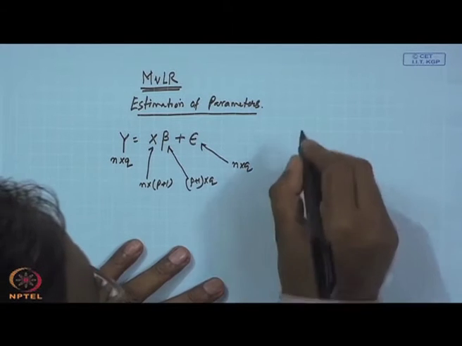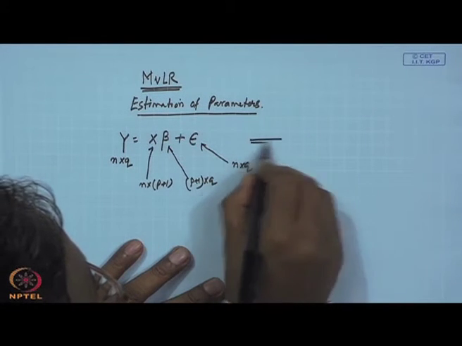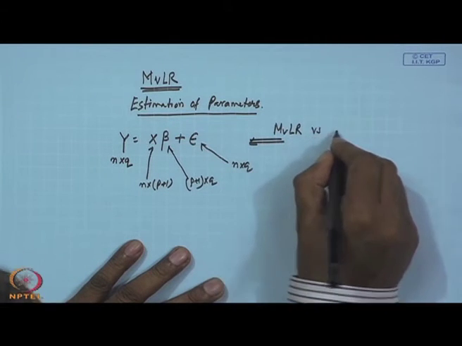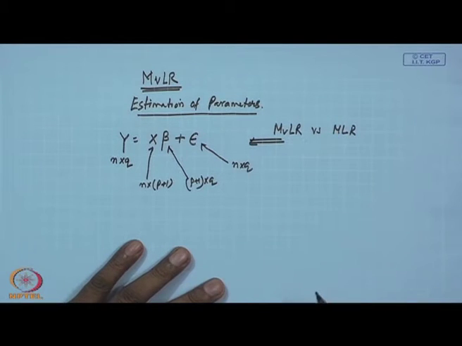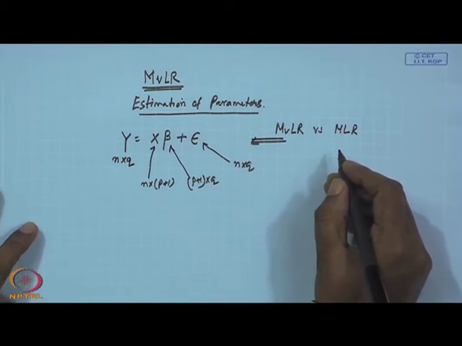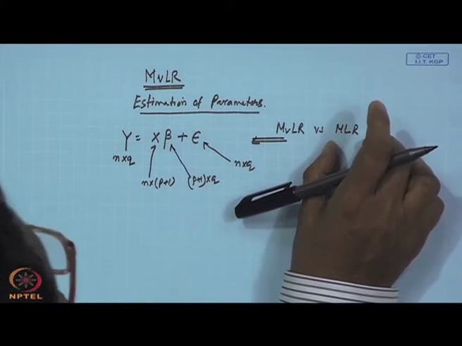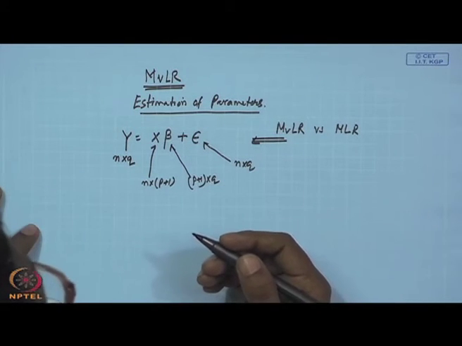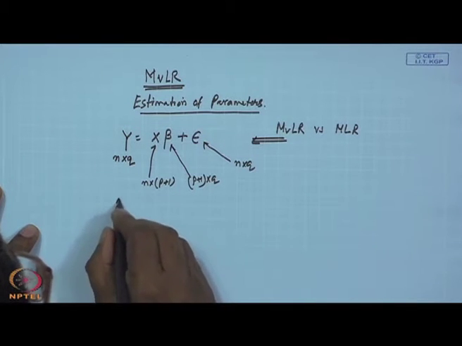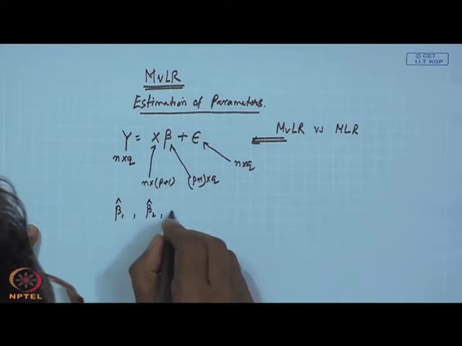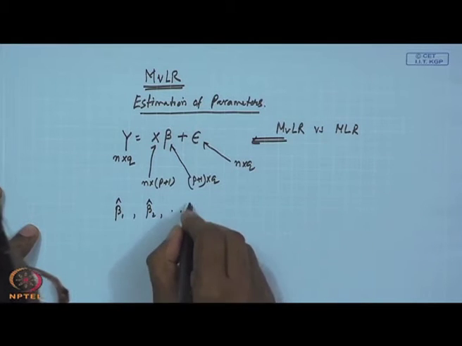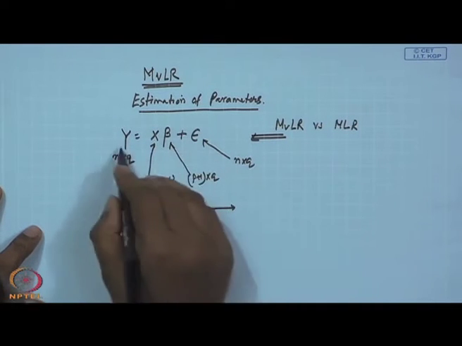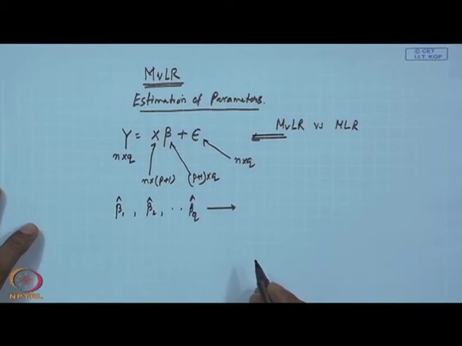We have also discussed the relationship with MBLR, that is multivariate linear regression vis-a-vis multiple linear regression, and we have also seen that if we go for multiple linear regression of individual y variables and then estimate the parameters, the estimates like beta 1 cap, beta 2 cap, up to beta q cap will be exactly the same as if we estimate jointly using the multivariate linear regression formulation.